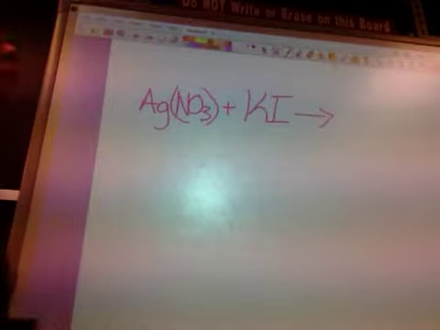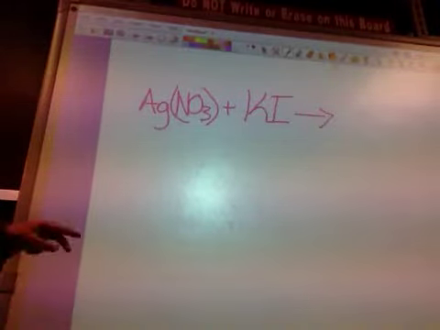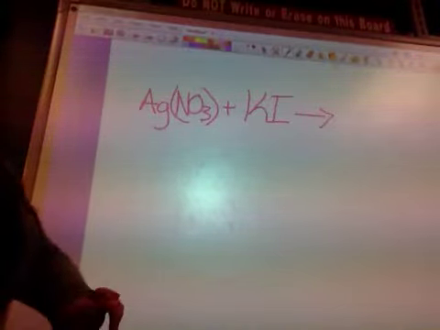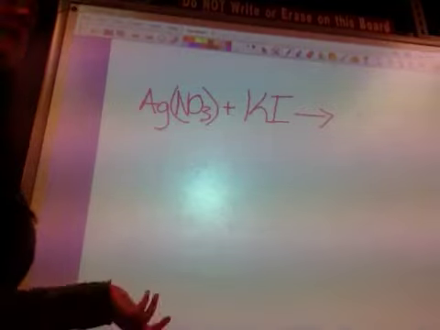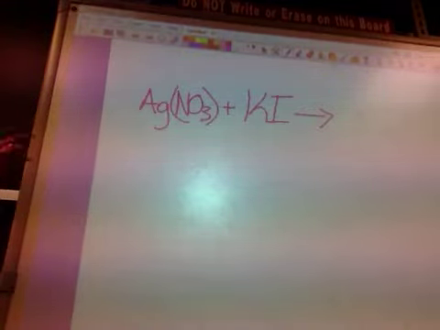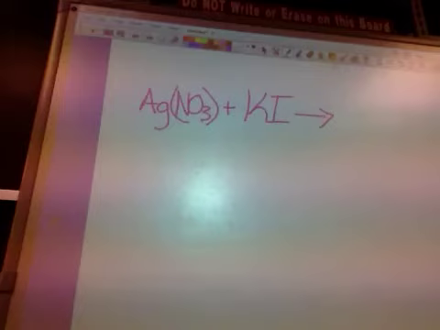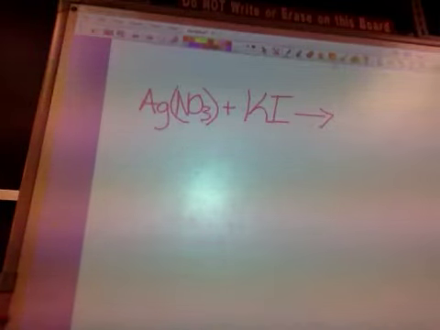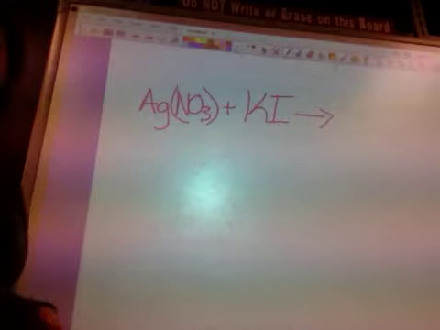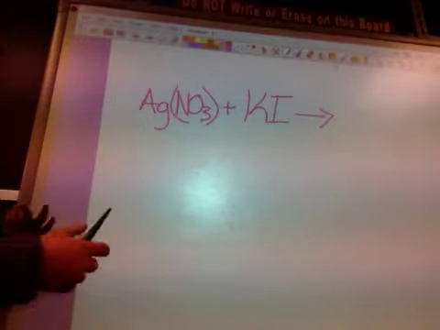Okay, so in a double replacement reaction, what will happen is that the cations are going to flip-flop their partners. So I'm going to figure out, in these two compounds, which ones are my cations. Well, you know that the cations have the positive charge, and we always have to write those cations first in a compound.